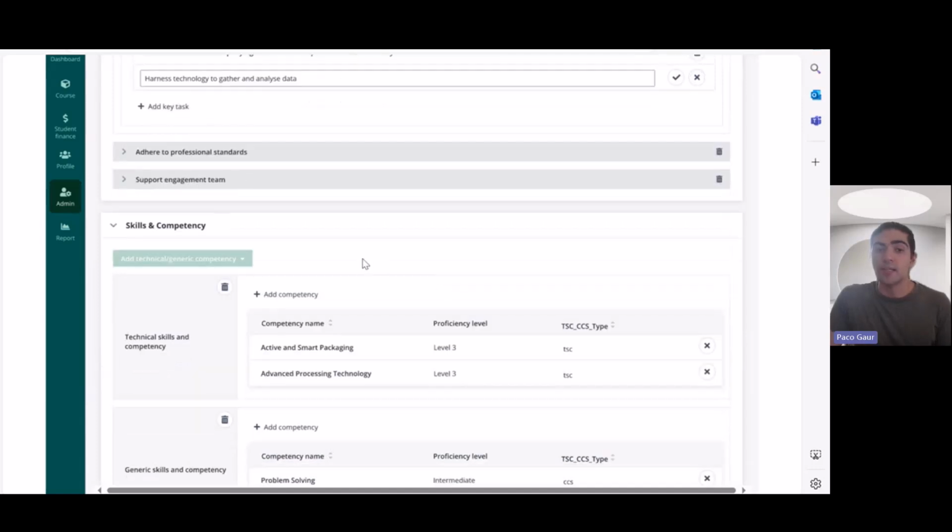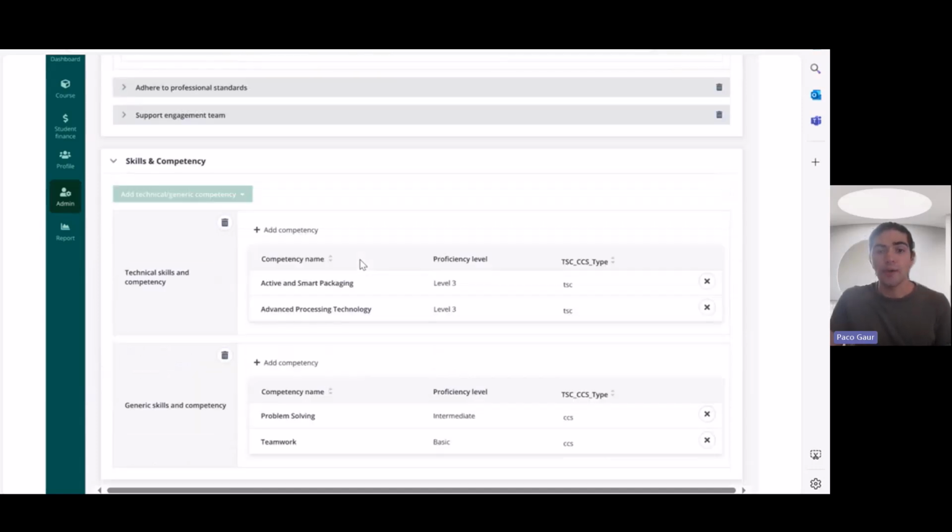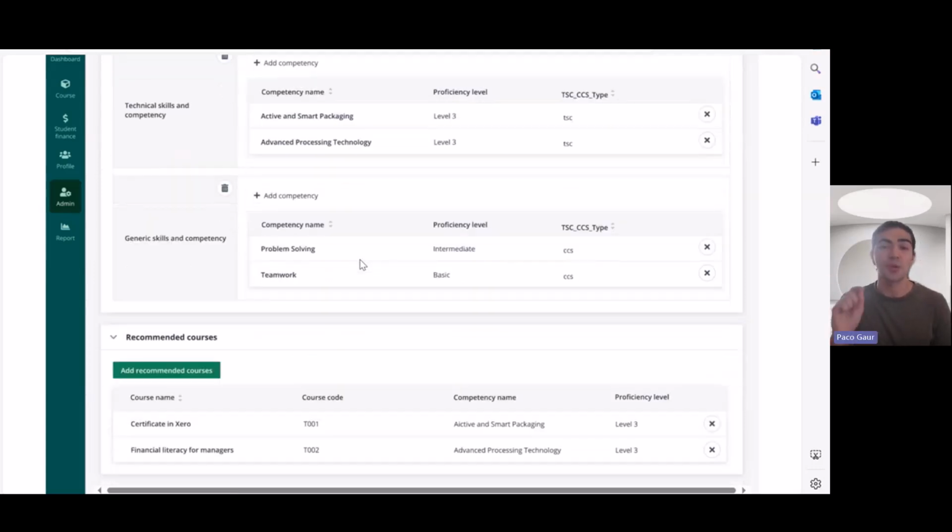What are the skills and competencies required by a persona in this role? And more importantly, and this is where it becomes personalized, what are the recommended courses directly available that we could promote to a person in this role to get them to the proficiency level that is required?